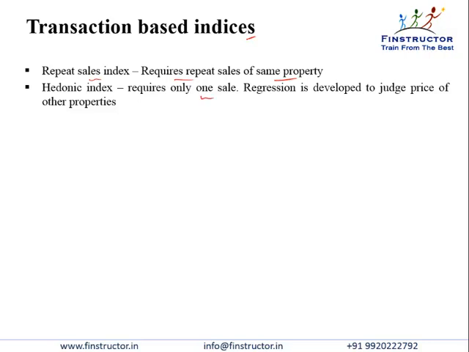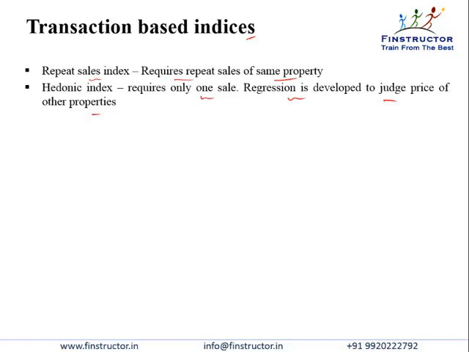So if even one sale has happened in the region or in the vicinity, then we can use a regression type model to judge the price of other properties, something like the sales comparison approach that we did. Historically, this property is related to the other properties in some manner, say a 20% discount or a 50% premium. And if this property has traded at a price of so much, then the other properties can be valued likewise.